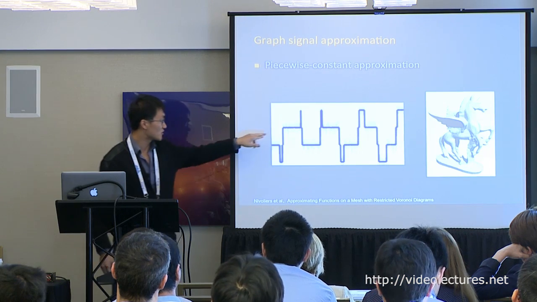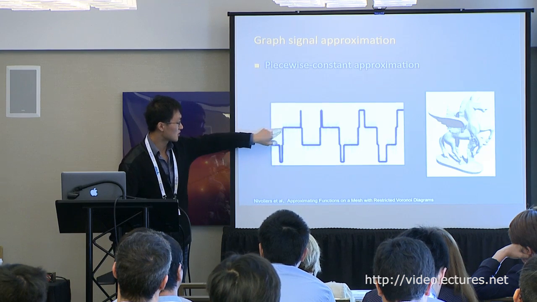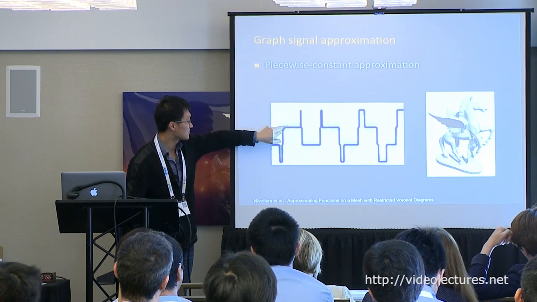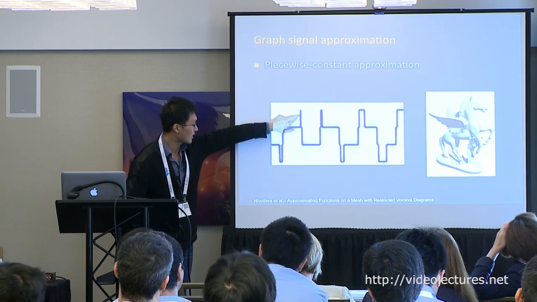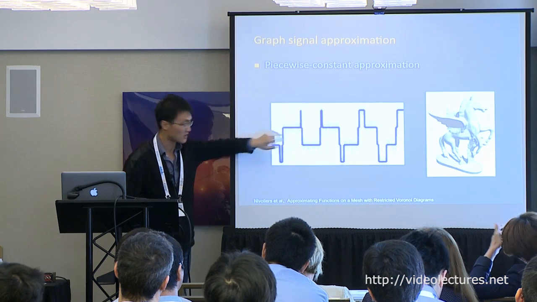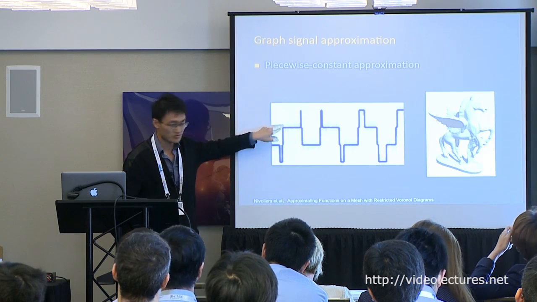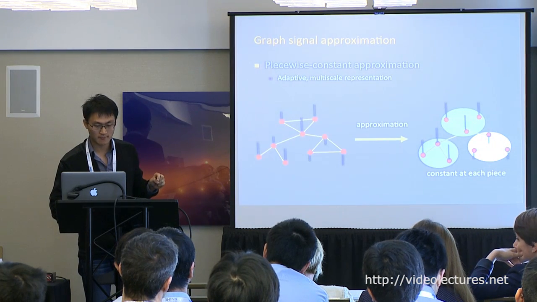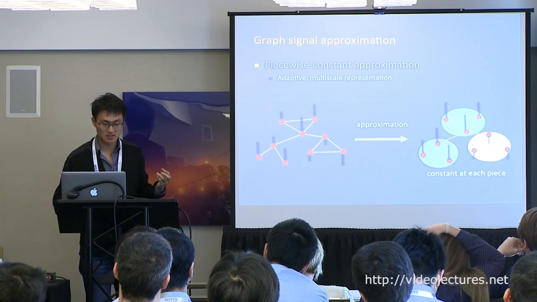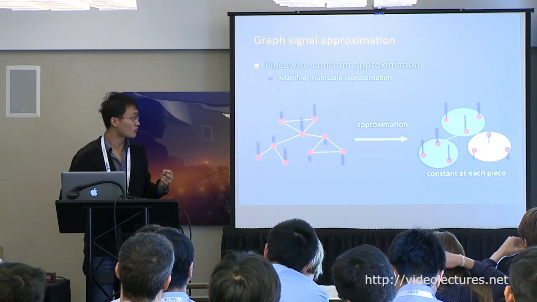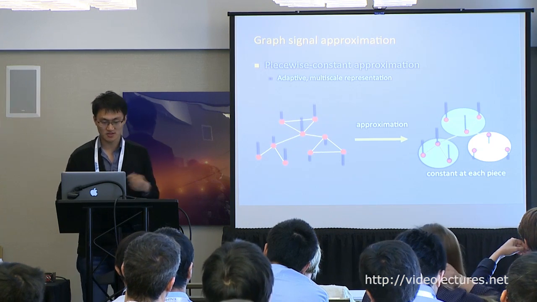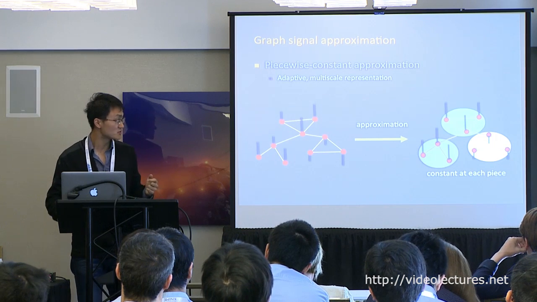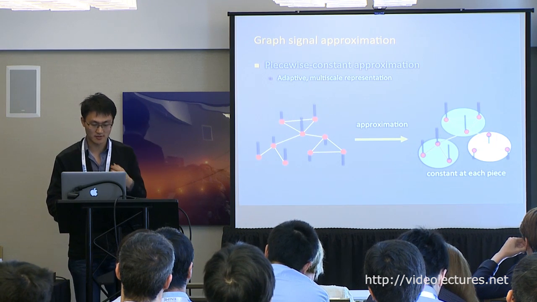For example, here you assign one piecewise constant signal to capture the variation, this big jump here, and to filter out the noise. So we can use similar techniques. We search for an optimal piecewise constant signal to approximate the original signal, capturing the variation and filtering out the noises.